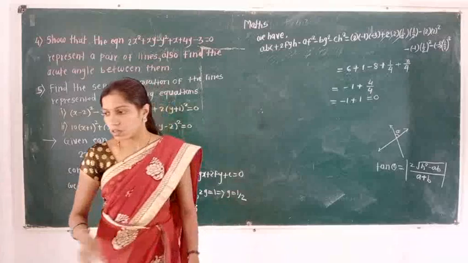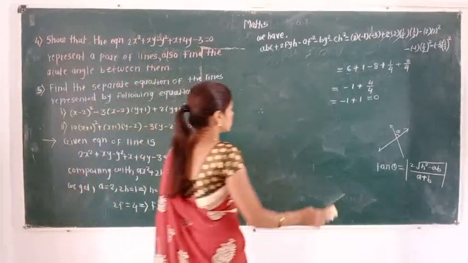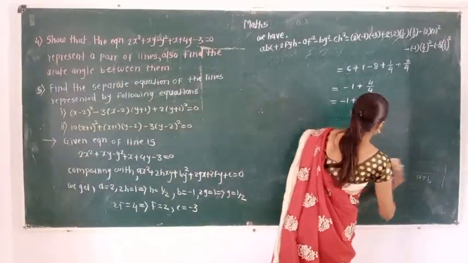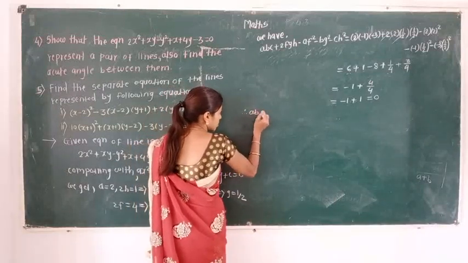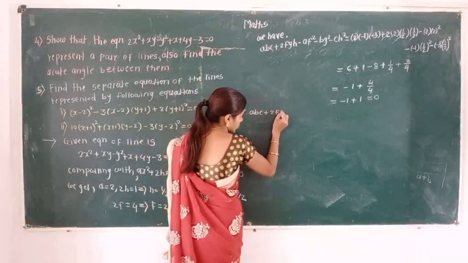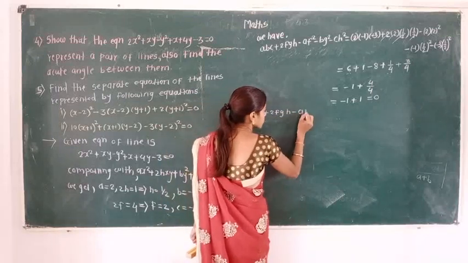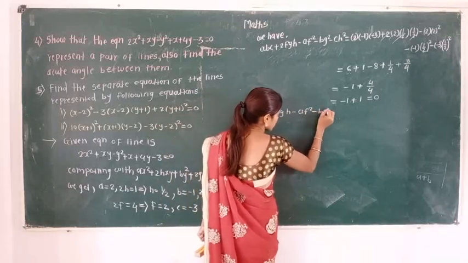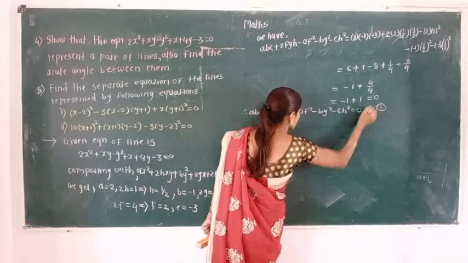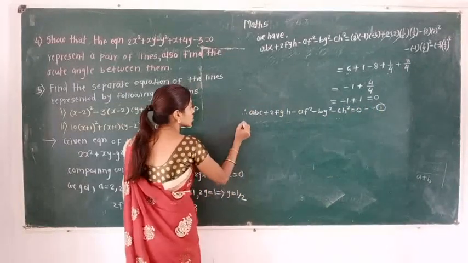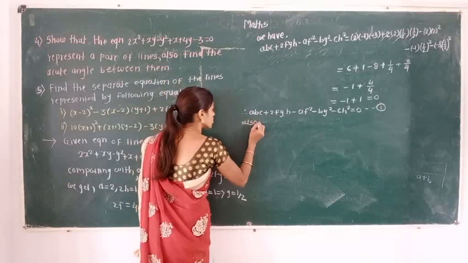So the first condition is abc plus 2fgh minus af square minus bg square minus ch square is equal to 0. This is the first equation. Now also take the second condition.